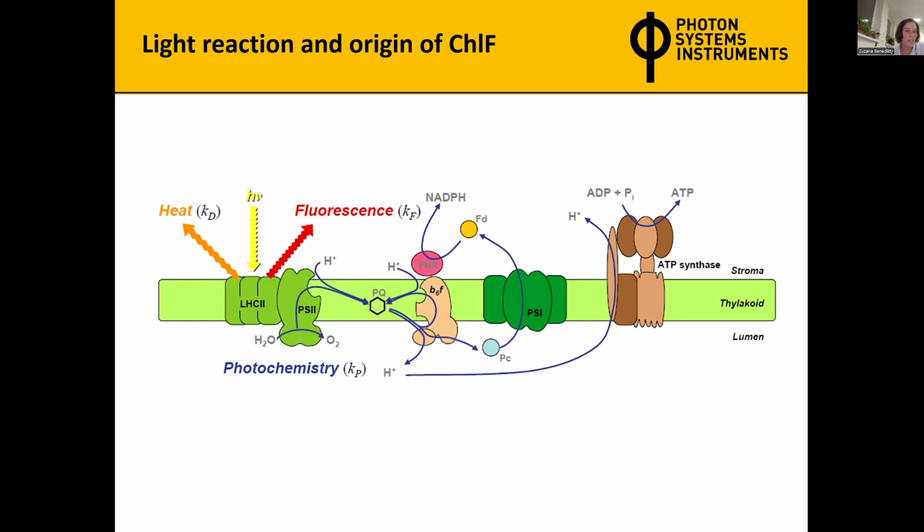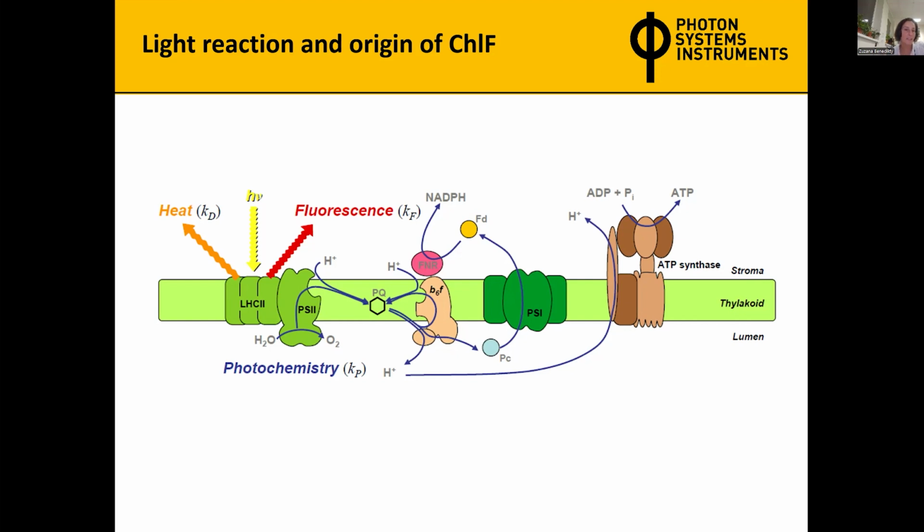During this process ATP is synthesized, and the electron that is missing inside the reaction center is filled from the water splitting complex. So oxygen molecules are also produced during the process.